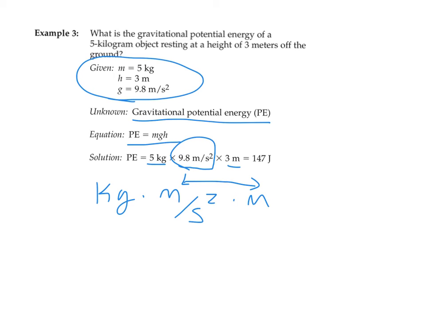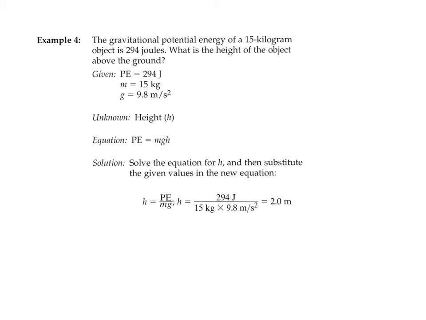So that's a kilogram times meter squared per second squared, which equals a joule. So our final answer is 147 joules.